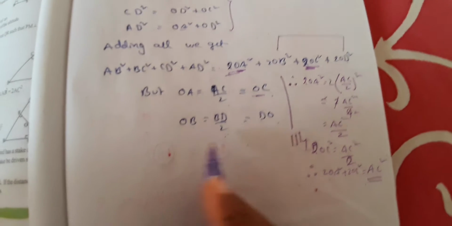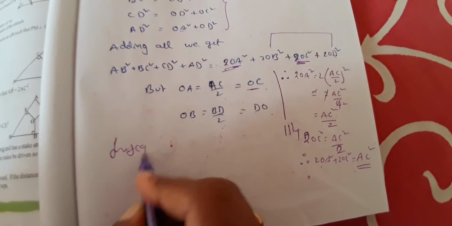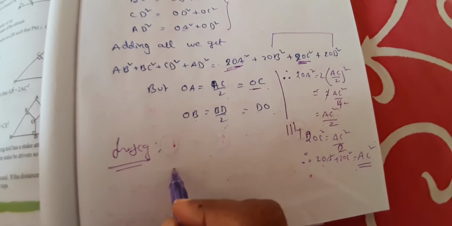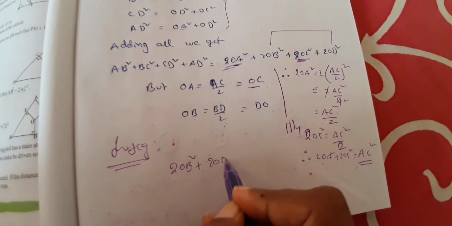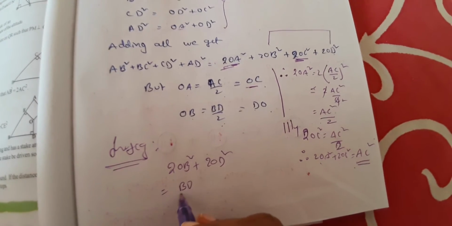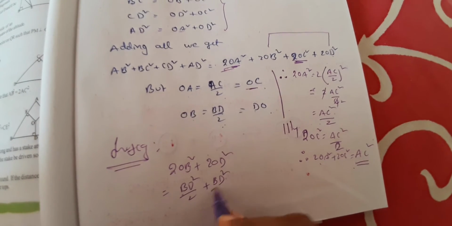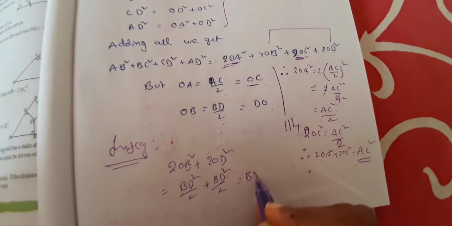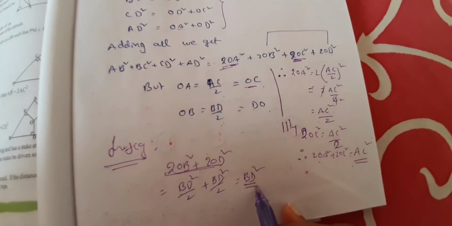Now combining the other two, you will get BD square. Is it not? So, from the figure, I can write it directly. 2 OB square plus 2 OD square is equal to BD square by 2 plus BD square by 2, which is equal to BD square. So in place of those two, I got BD square.